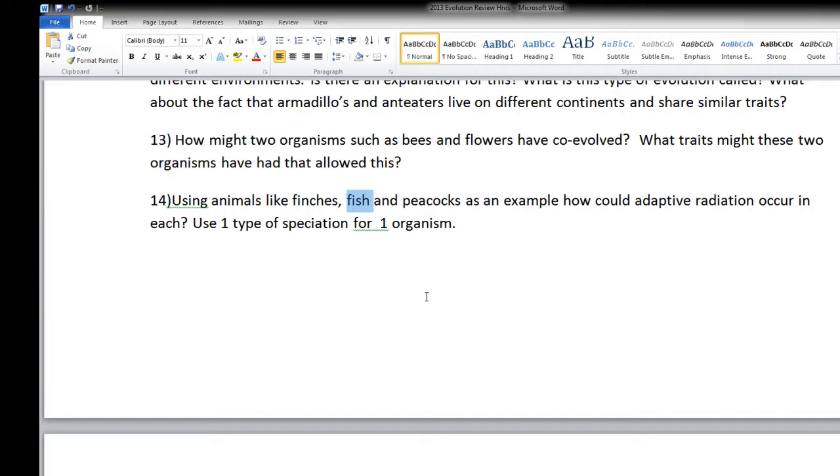In this example, peacocks, another behavioral example, with the feathers. Maybe one group likes pink feathers, the other likes multicolored and green, and so they choose not to mate. The finches, maybe they fly to different islands, but because of continental drift, the land masses start to split apart further.